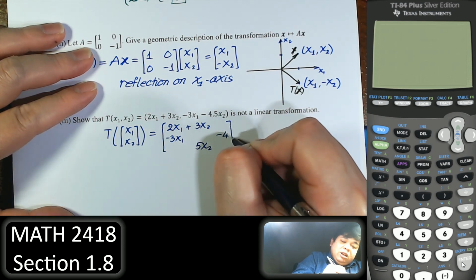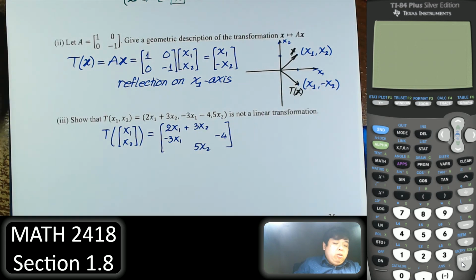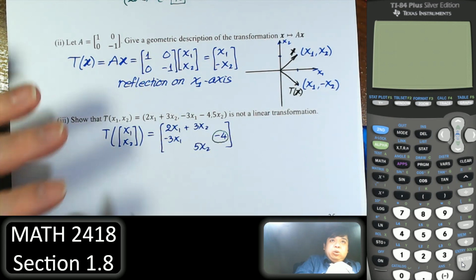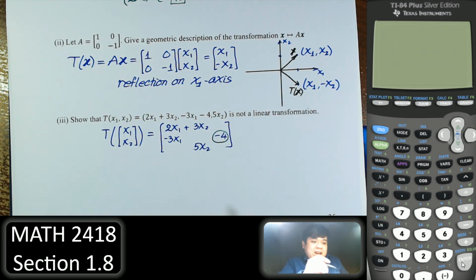Now, the reason this is not a linear transformation is what? Because the negative 4 here doesn't attach to either x1 or x2. That's why this is not a linear transformation.